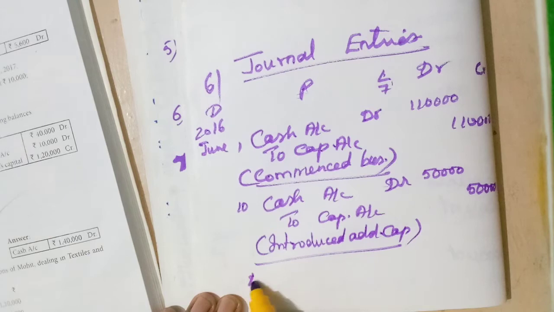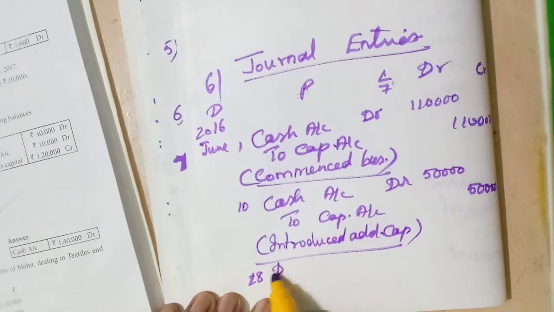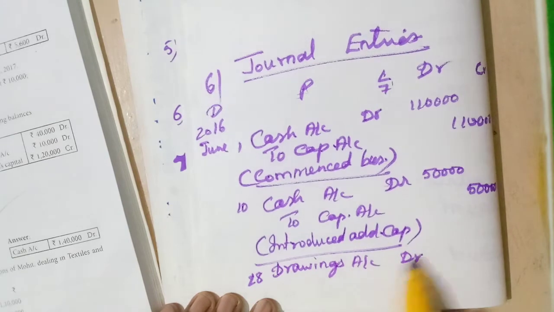Then 28th. Withdrawn for personal use. If we withdraw, it is called drawings. For personal use, drawings account debtor to cash account.